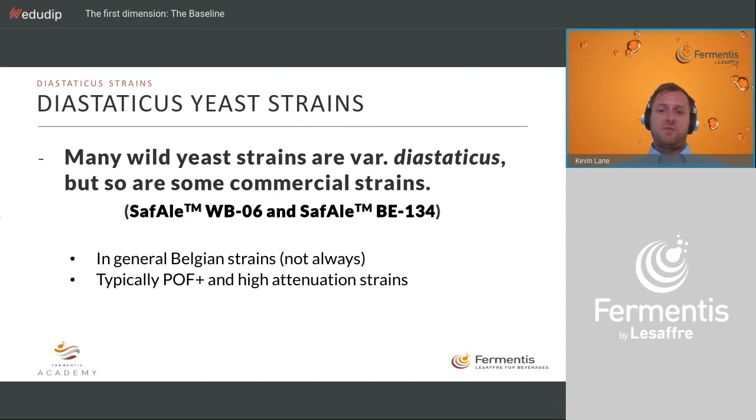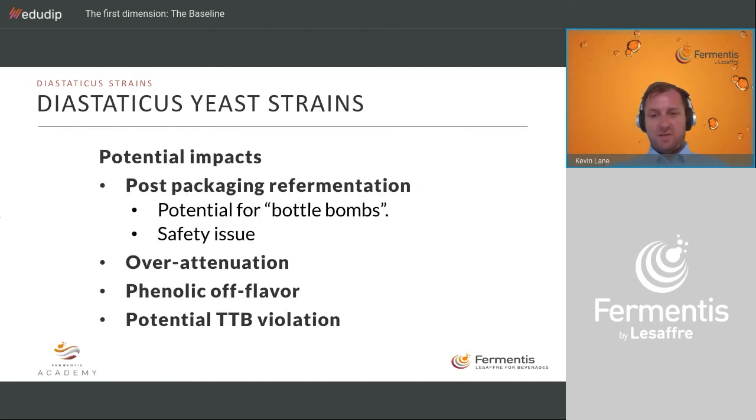But there are also some commercial examples like SatSour WB06, SatSour LP 134 that we've selected at Fermentis to bring to the market, which are in fact Diastaticus. In general, they're Belgian strains, not always. Obviously, with WB06, it's more of a Hefeweizen or wheat beer type strain. Typically, the Diastaticus are POF positive and highly attenuating strains.